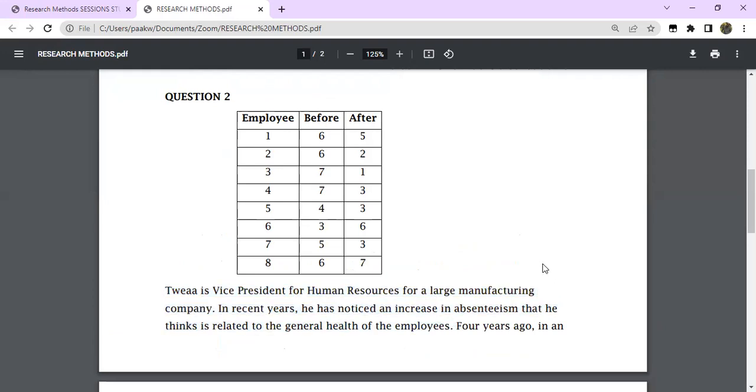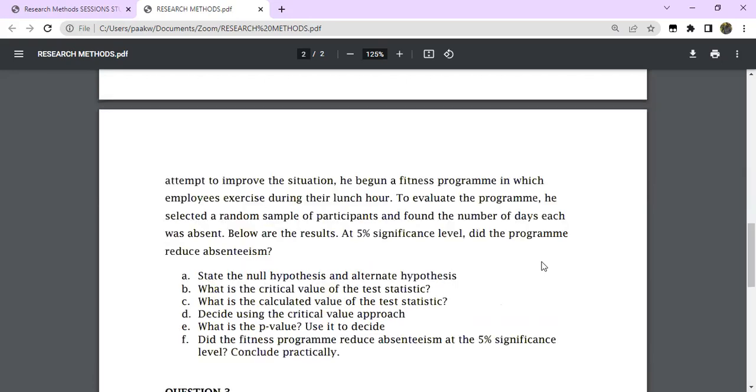Tria is vice president for human resources for a large manufacturing company. In recent years, he has noticed an increase in absenteeism that he thinks is related to the general health of the employees. Four years ago, in an attempt to improve the situation, he began a fitness program in which employees exercise during their lunch hour.